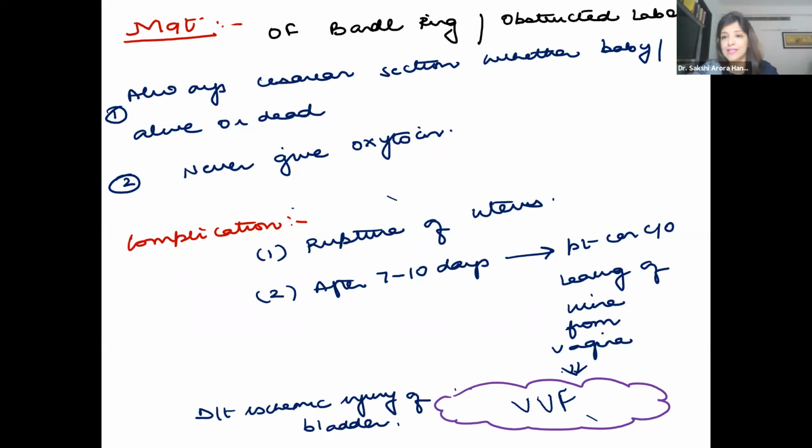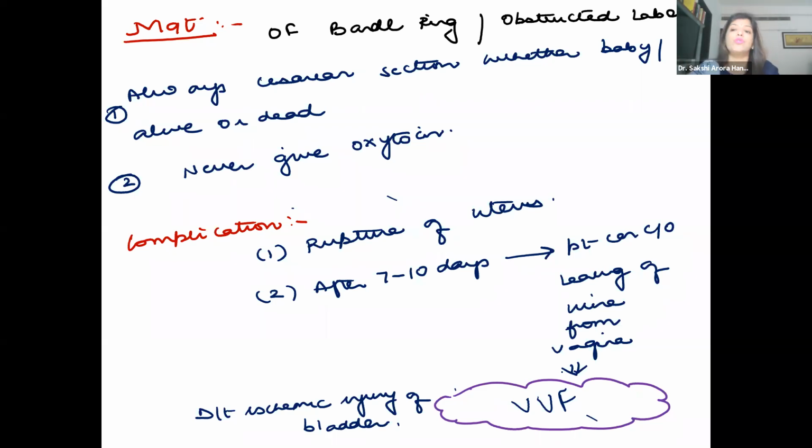What you don't realize is that this vesico-vaginal fistula will never be immediately seen after obstructed labor. Patient is going to come to you after 7 to 10 days with the complaint of leaking from vagina, and that leaking will be because of vesico-vaginal fistula.